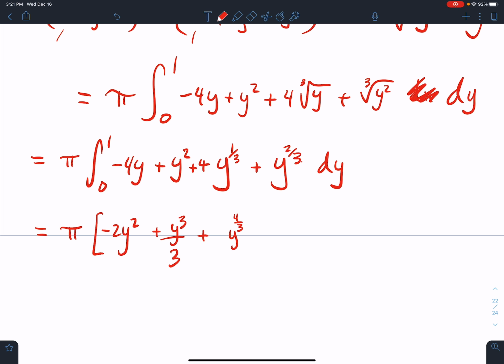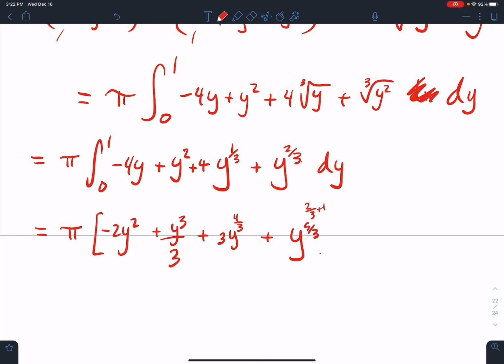But then whenever I divide by 4 over 3, what happens? The 4's cancel, and so I end up getting 3. And then plus, and then add 1 to 2/3. What do you get? That would be 5 over 3.